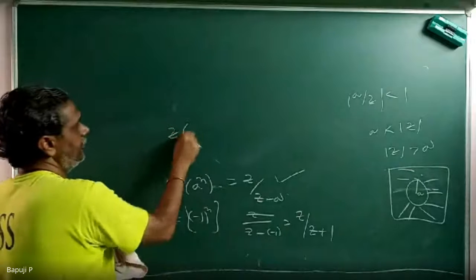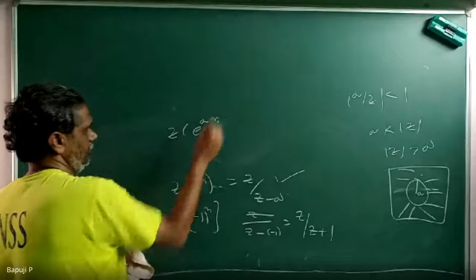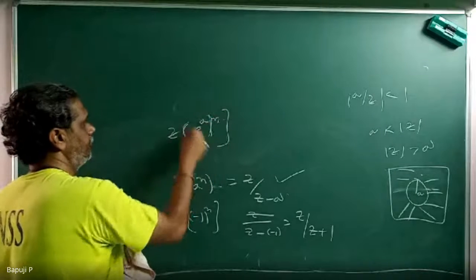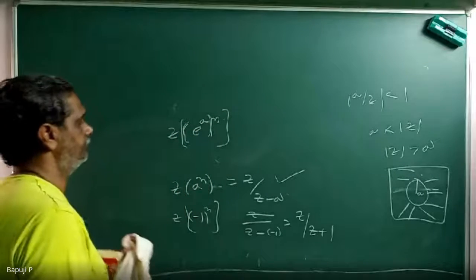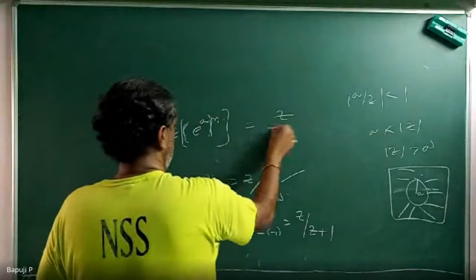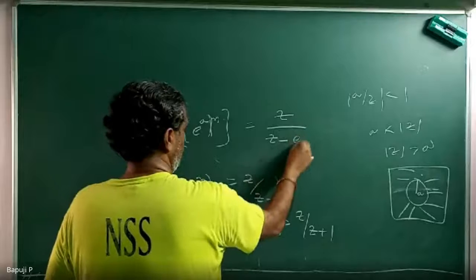If you take this side of e power a, so how can you write this? Z by z minus e power a.